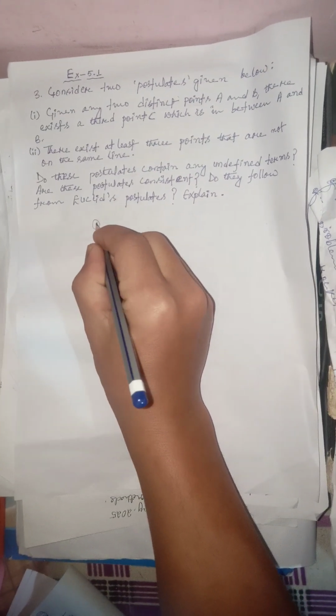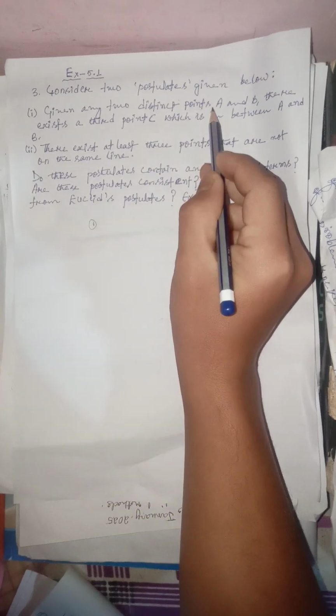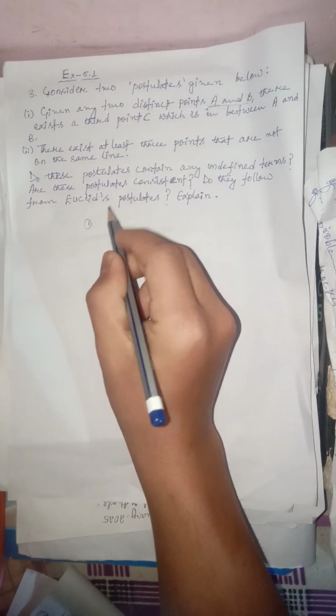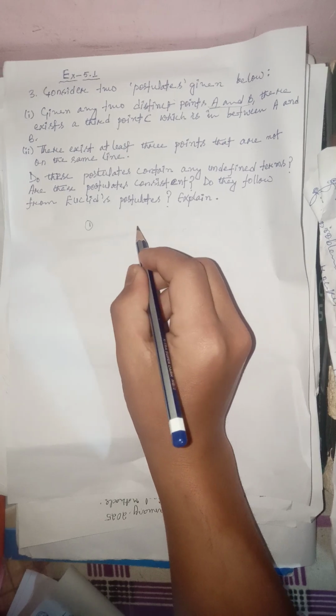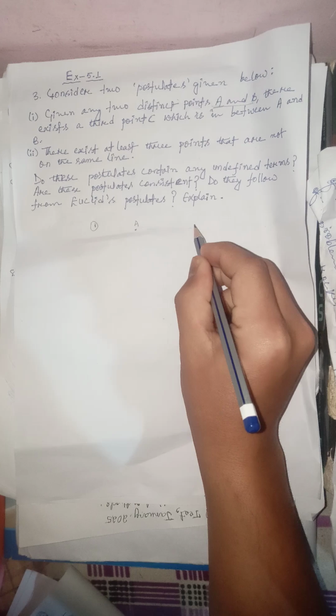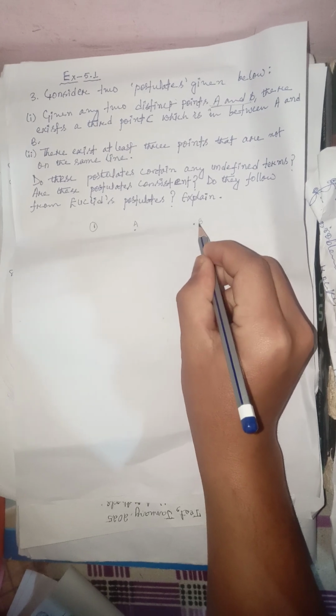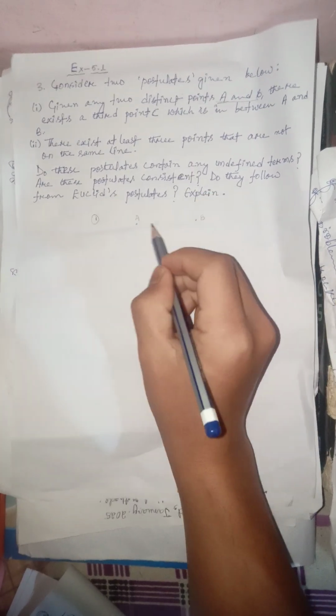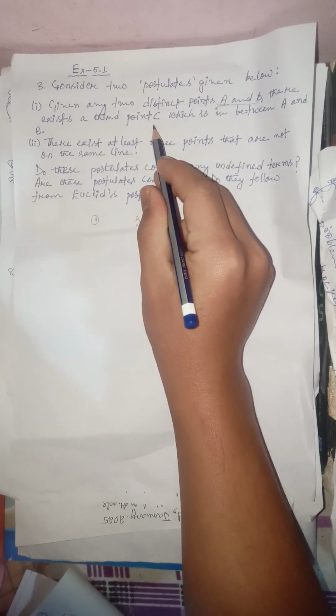Here it will be Roman number 1. At first we have, as we can see, distinct points. Distinct means different points. One point will be A and the other point will be B. Then in between these, what is the point that lies?